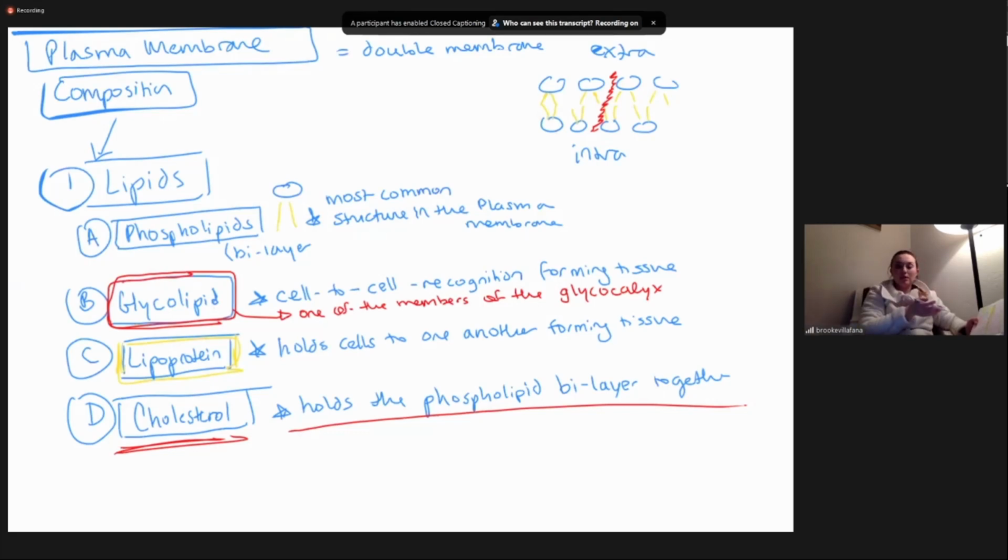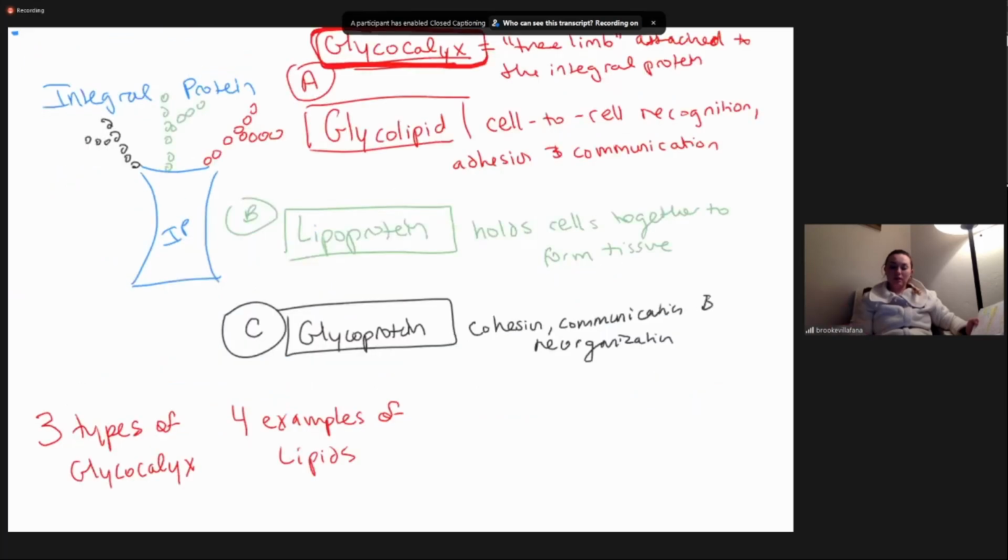A lipoprotein is part of the glycocalyx and it's a lipid. Does that make sense? Versus a glycoprotein is just part of the glycoproteins. Okay, so I'm not trying to confuse you. I just want to make sure you realize they're kind of classified in 2 areas. So that's why sometimes students get confused by what they are.